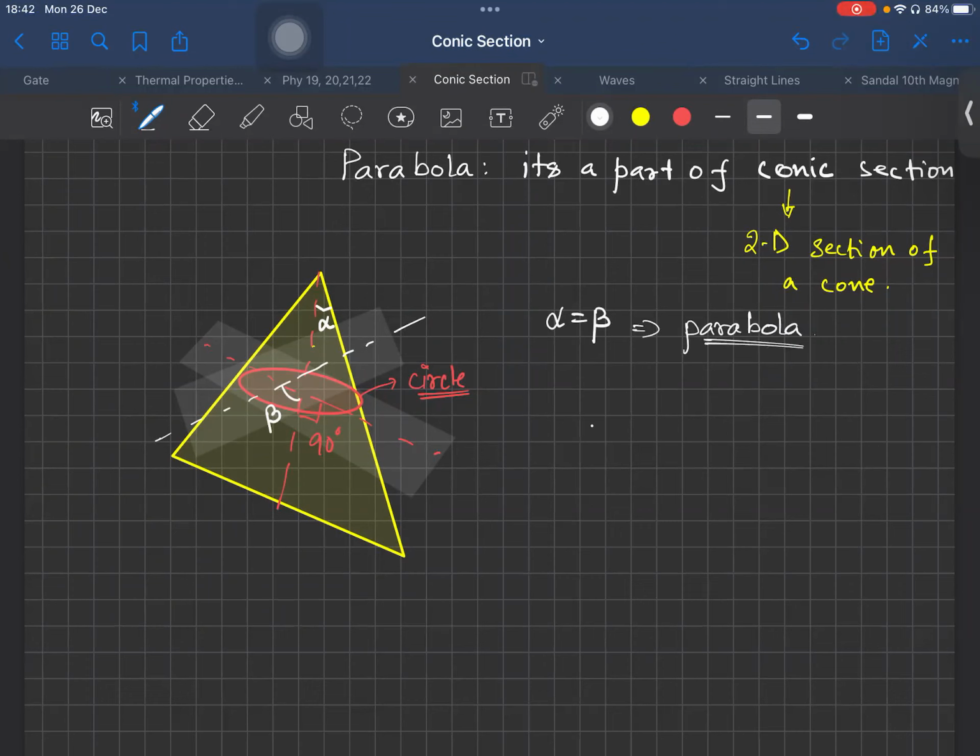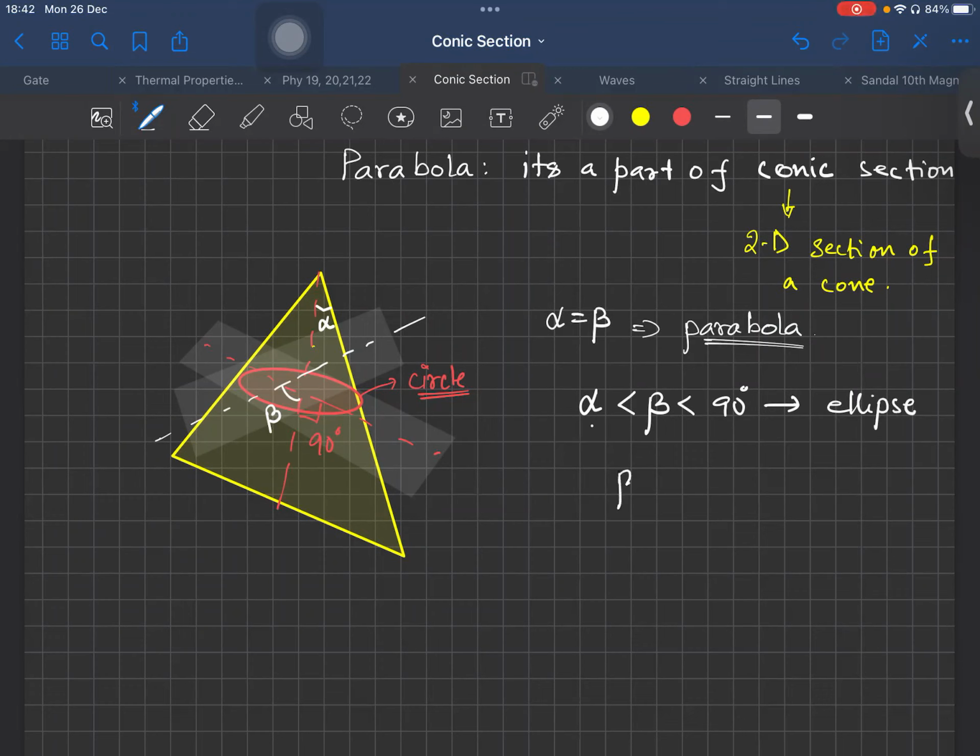So in conic section, how many sections do we have? If alpha is lesser than beta and lesser than 90 degrees, this type of section is called an ellipse.